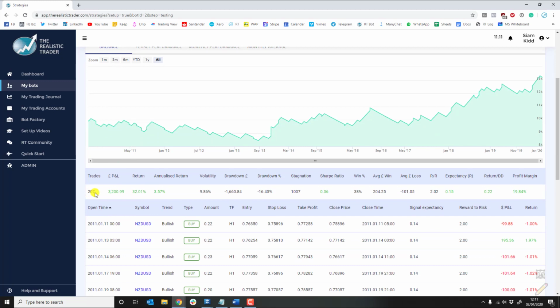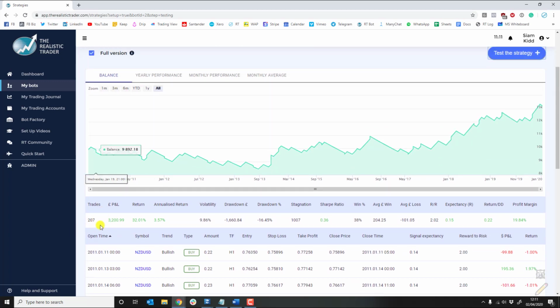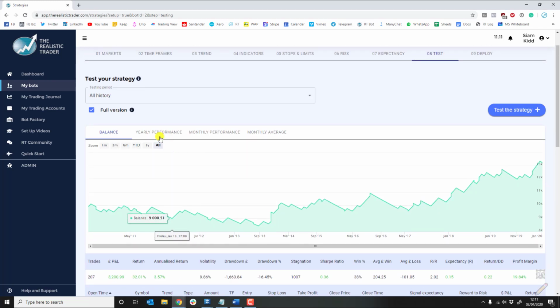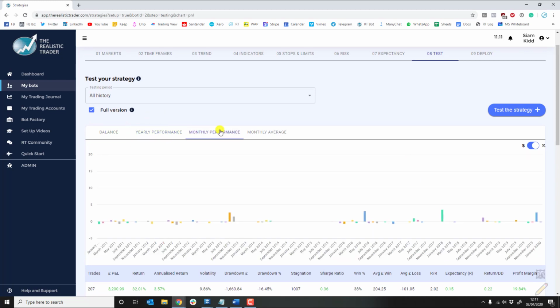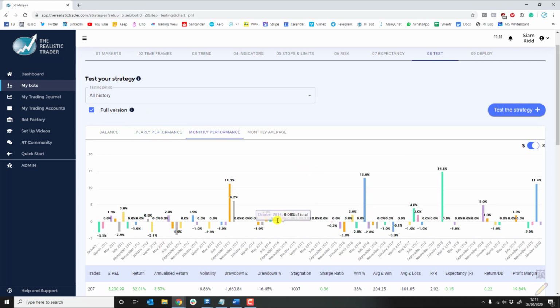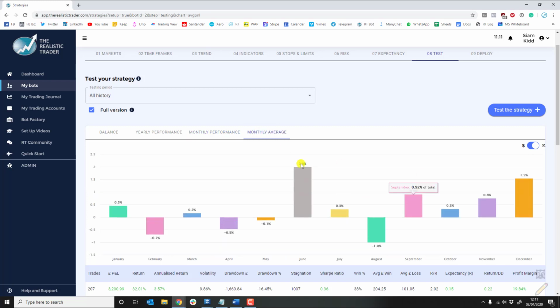Over 9 and a bit years, it only had 207 trades, a pretty poor 3.57% annualized return, not much drawdown, 38% win rate, etc. You can look at the yearly performance, pretty poor. Monthly performance, the whole of 2014 and 15 pretty much didn't do anything. So this is not a good setting, as you can see.